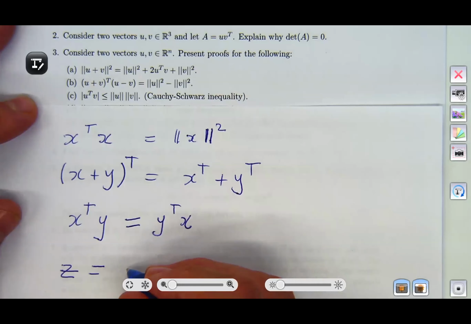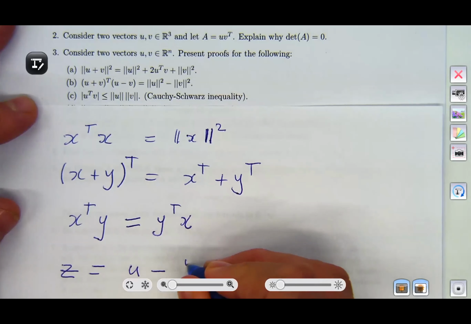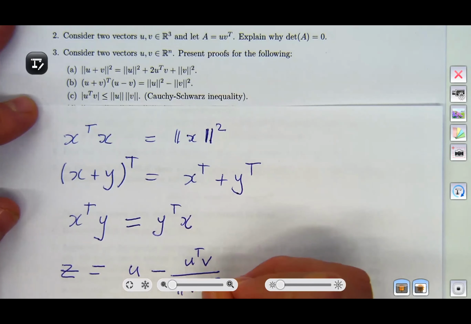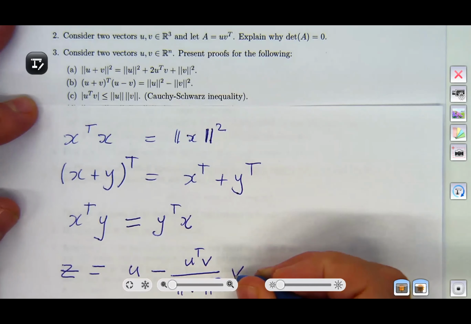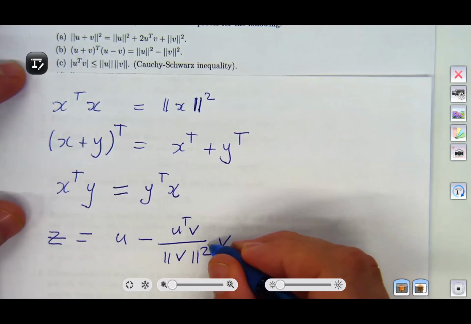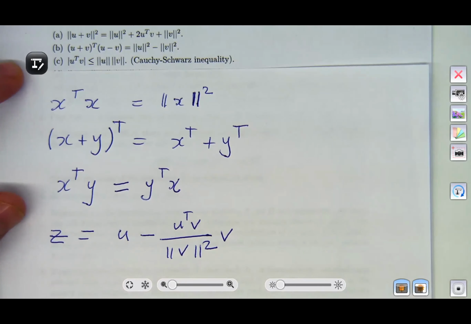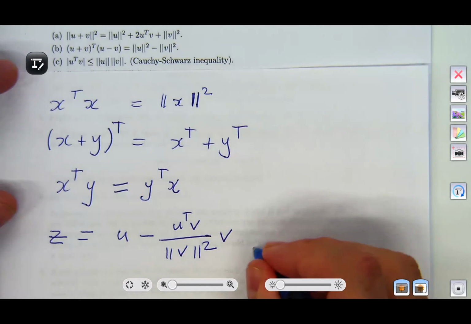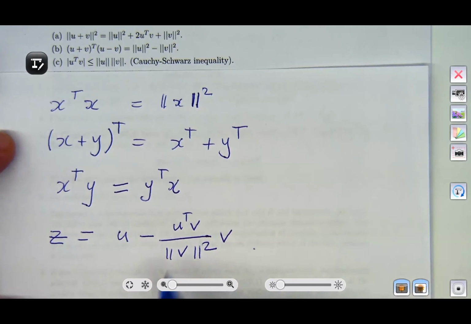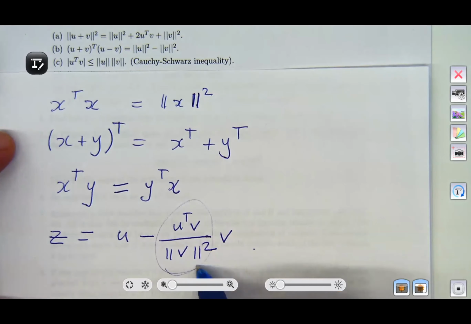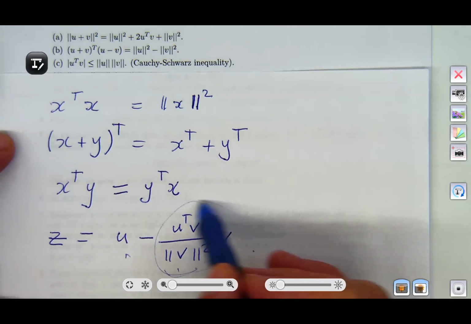So introduce z equal to u minus u transpose v over norm of v squared, times v. And I'm not going to write down the whole proof. I'm just going to give you some key features of it, okay? Okay, and then the first step is, once you've got that, now what we have here, this is going to be a scalar right there times a vector, right? So vector, vector, scalar, whole thing is a vector.